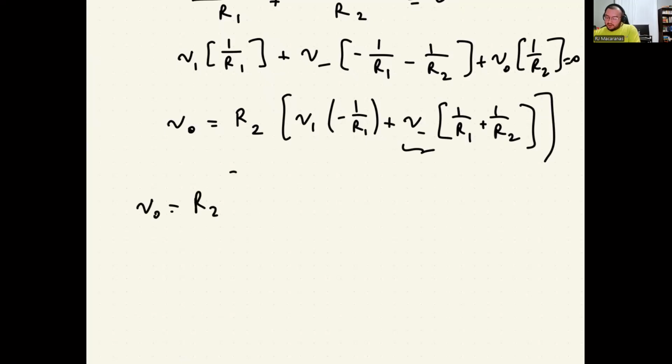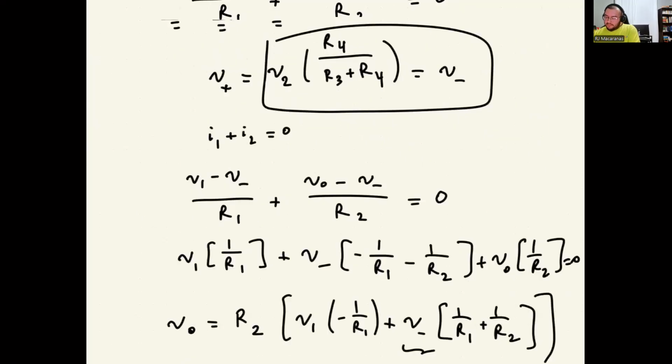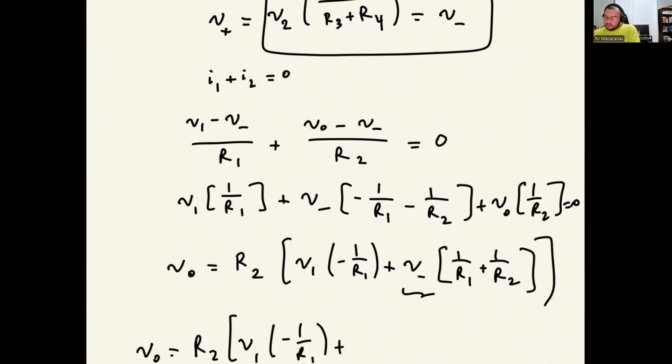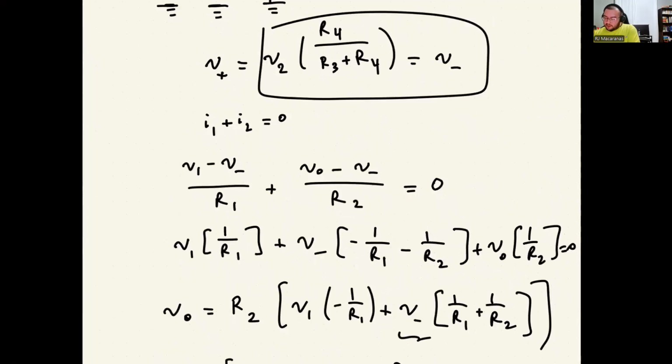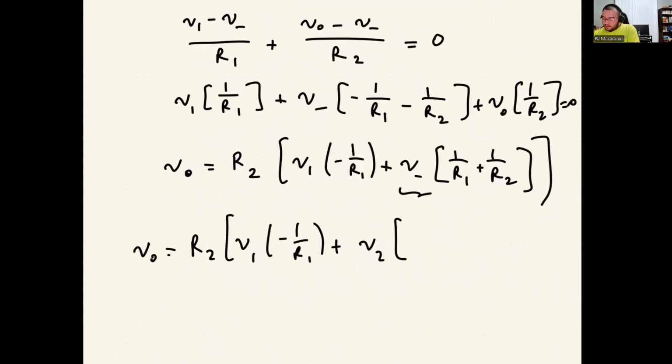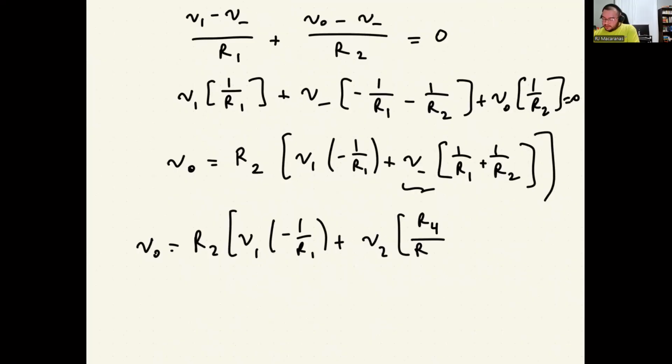So V1 minus 1 over R1 plus V2 times R4 over R3 plus R4. And then this is going to be times 1 over R1 plus 1 over R2. And that'll be that.